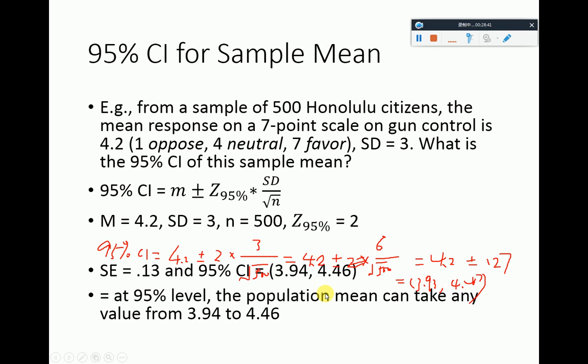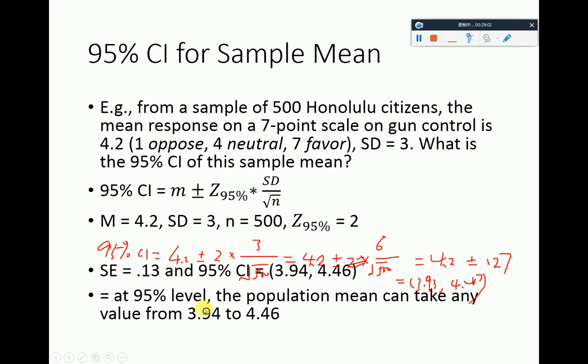Okay, so that means at 95% confidence level, the population mean can take any value from 3.94 to 4.47. We don't know an exact value because we don't study the population, but we have a fairly good guess, right?